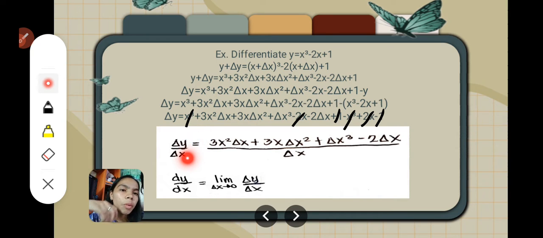And for step 4, we will divide both sides by delta x. Then for step 5, we will find the limit of the equation when delta x approaches 0.